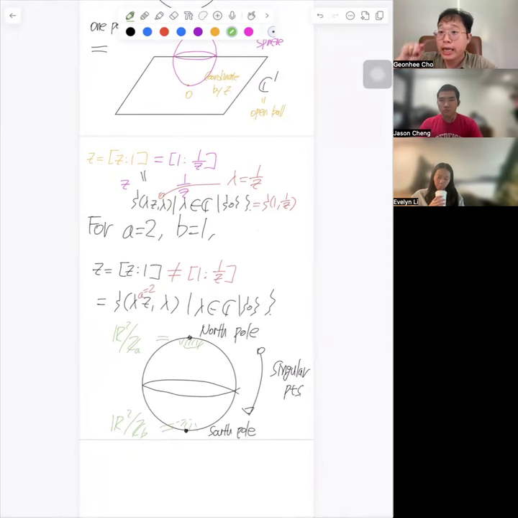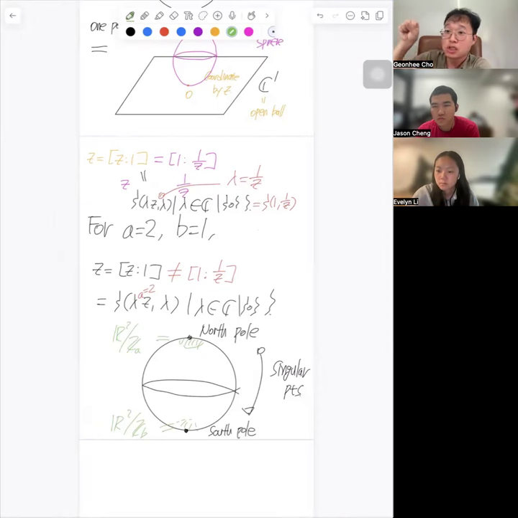But if you choose A equal 2 and B equal 1, what happened? If you rotate one time, the first component actually rotates twice. Do you agree? And then you use that as one gray circle, but the gray circle is now changing. So if you just collect them, it's now not the same topologically as S2, but some weird two points actually appear that correspond to the south pole and north pole.